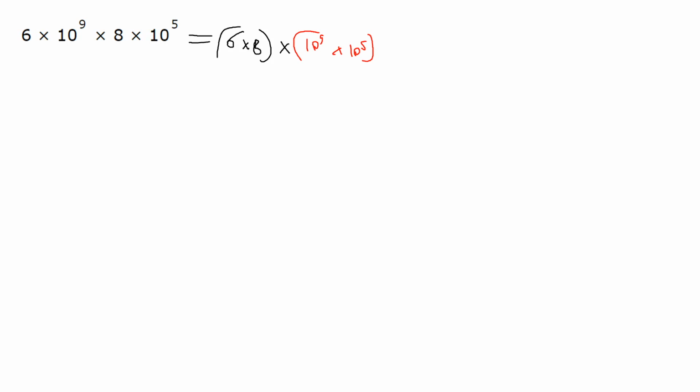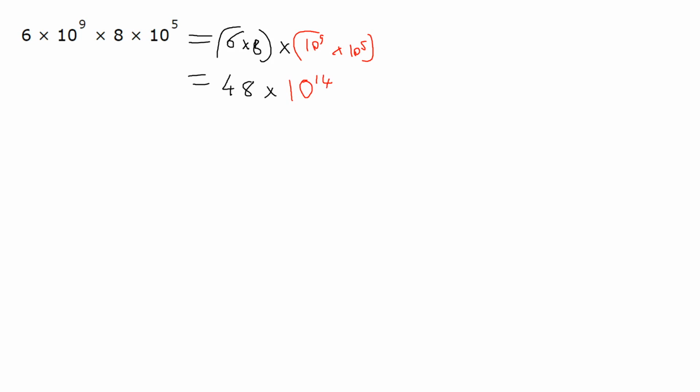And then when we work that out, what's 6 times 8? 6 times 8 is 48. Times, and then what's 10 to the 9 times 10 to the 5? 10 to the 14. So that's our final answer, right?